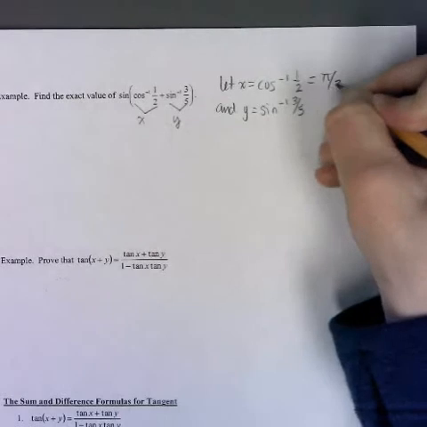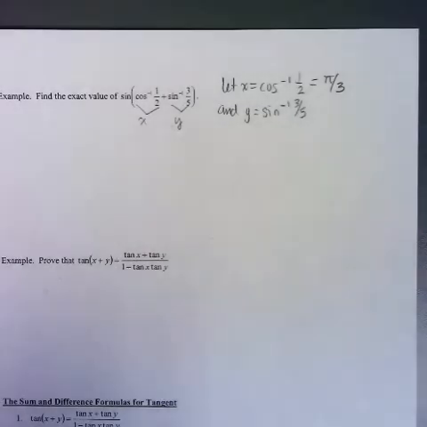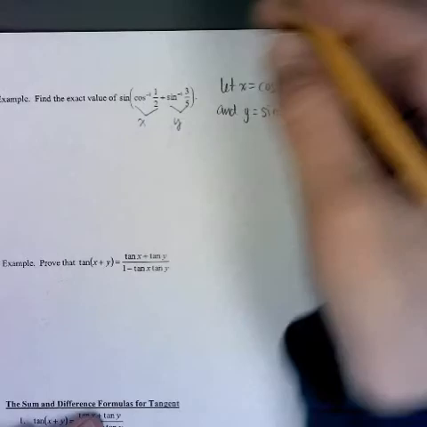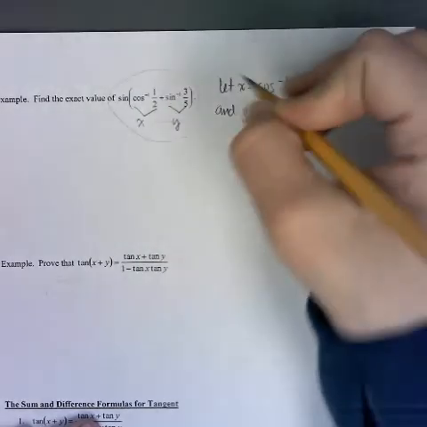The second one is not so easy because 3/5 isn't an output for one of our special angles. So how are we going to figure this out? Well, let's go back to our identity.